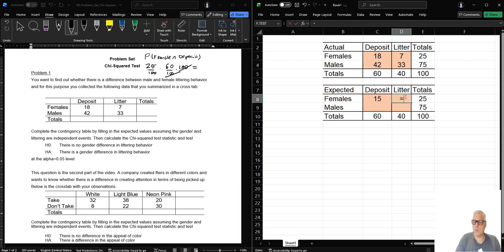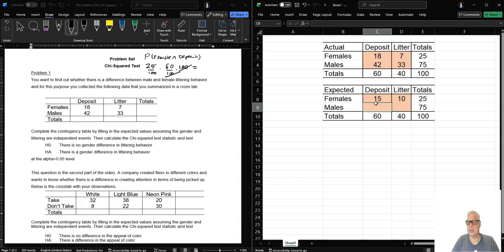Then likewise we would say, what's the expected frequency for females at litter if we assume independence? Well, then we would use 40 times 25 divided by 100.